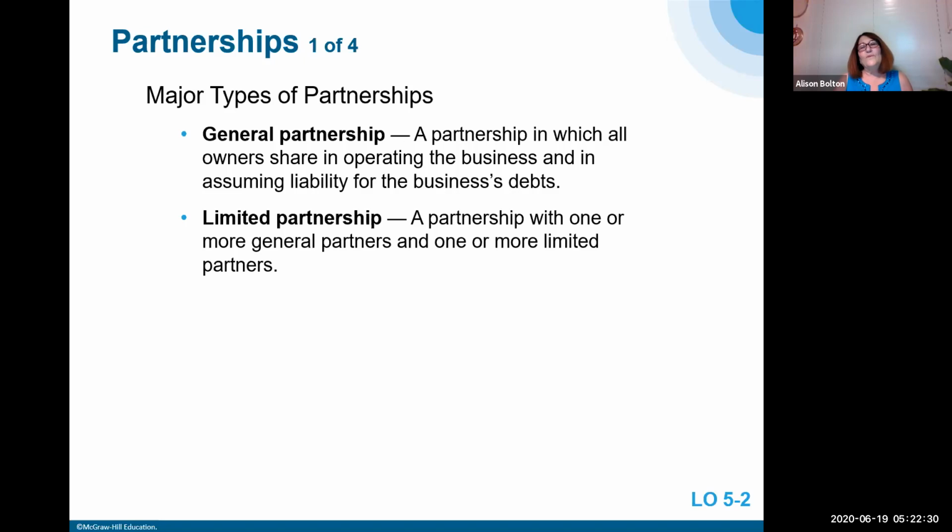And then you have partnerships with one or more general partners, the initial partners, and one or more limited partners. Now, limited partners can be even more extreme, where let's say that 20% person actually doesn't do any work. You do all the work, they're just contributing funding.